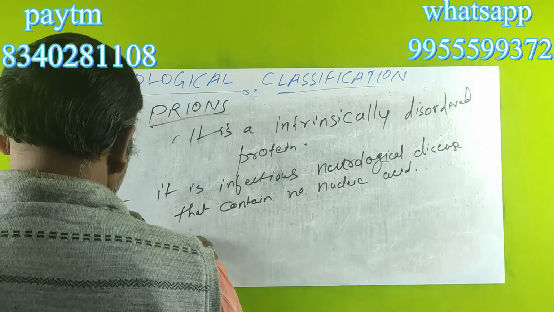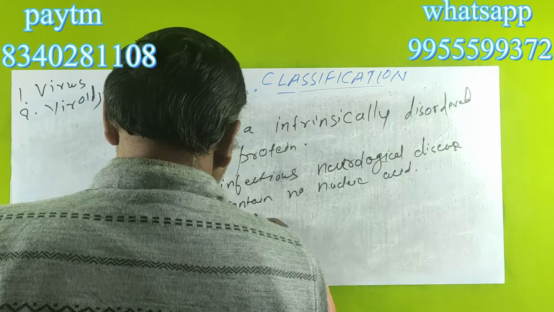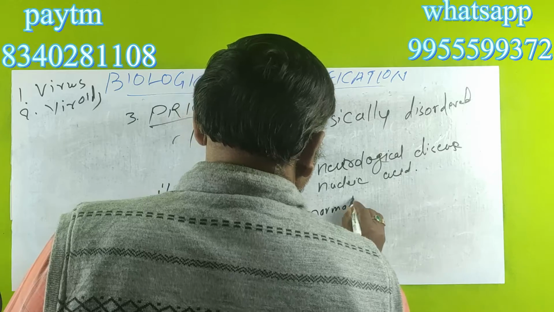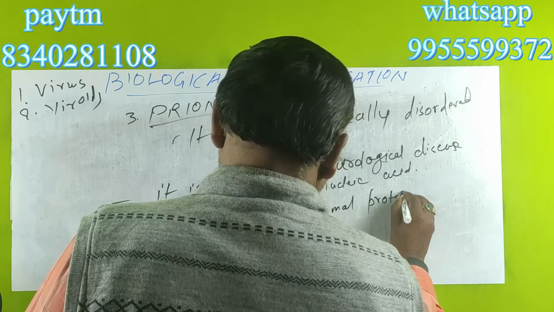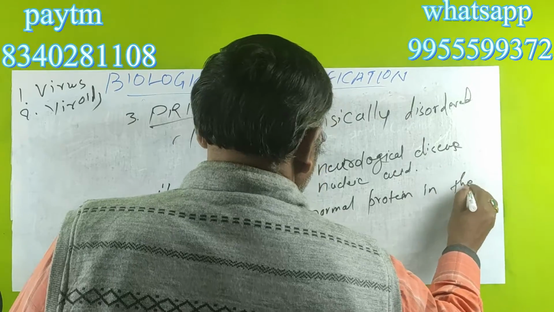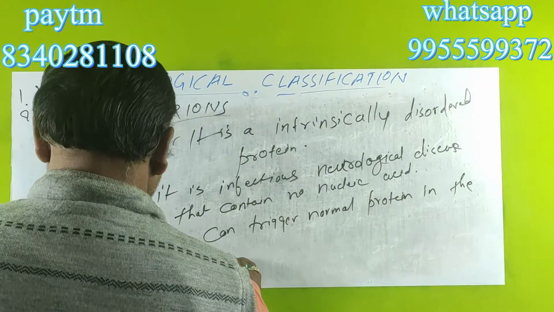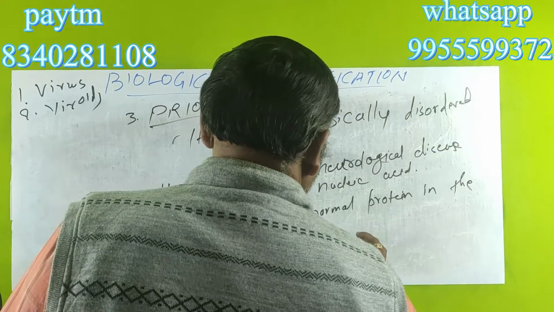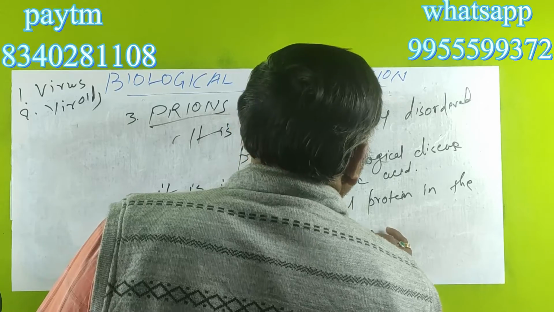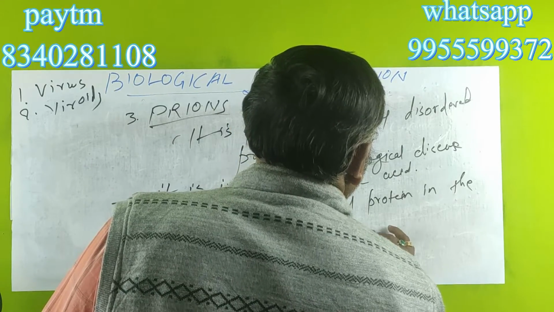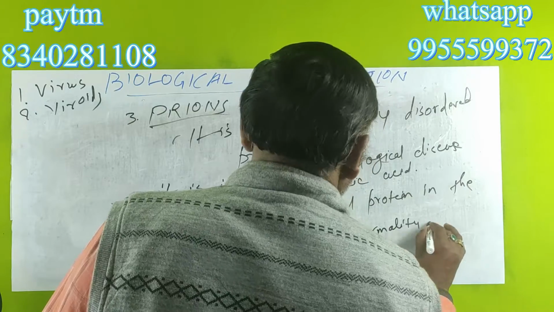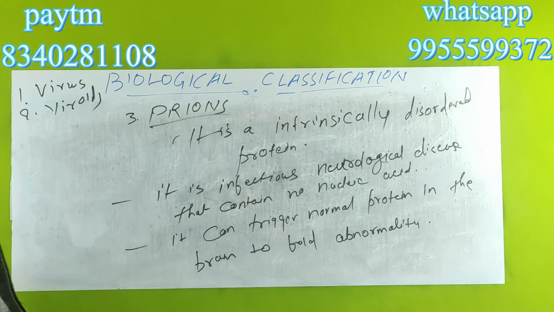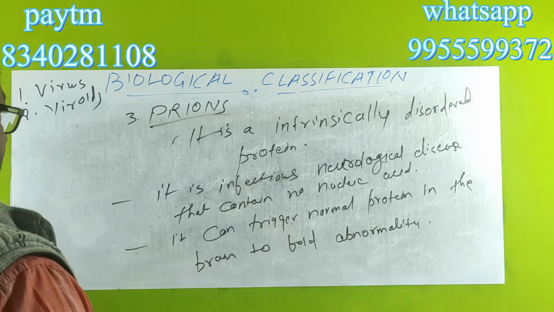And third, it can trigger normal protein in the brain to fold abnormally. So prions are an intrinsically disordered protein.